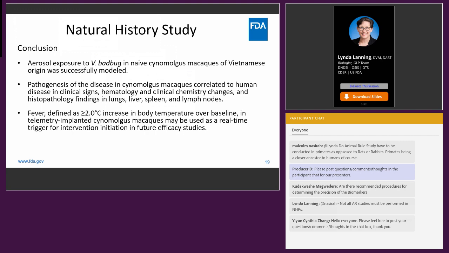And fever, defined as greater than or equal to 2 degrees increase in body temperature over baseline measured by telemetry may be used as a real-time trigger for intervention initiation in future efficacy studies.